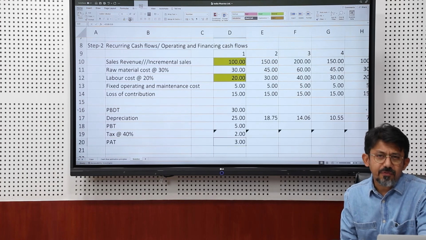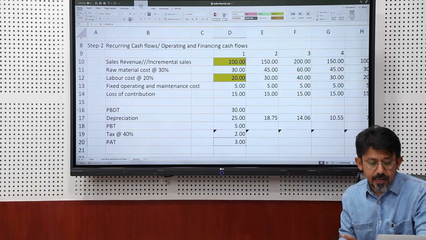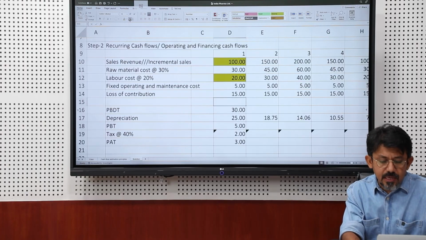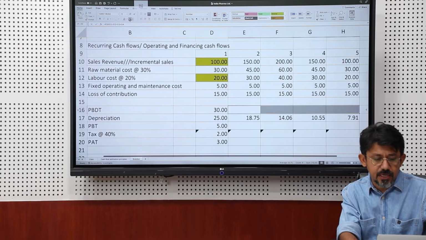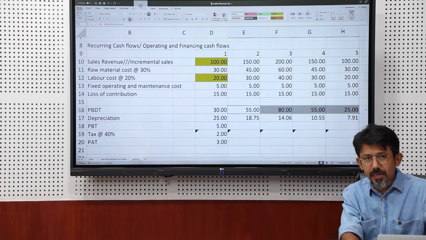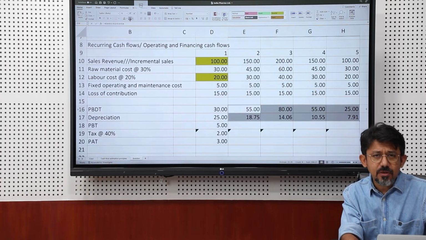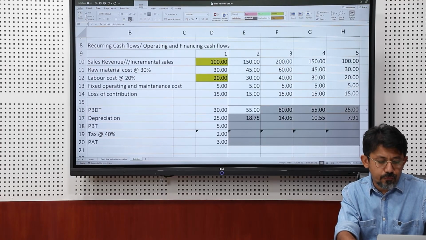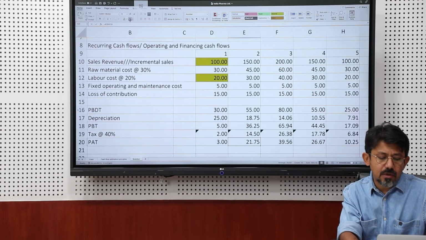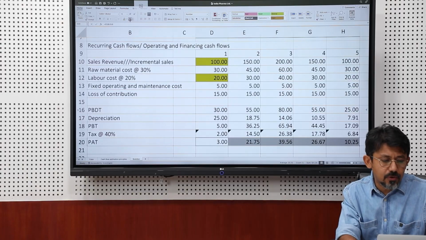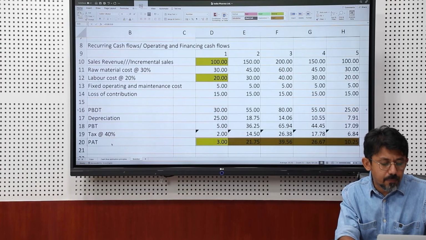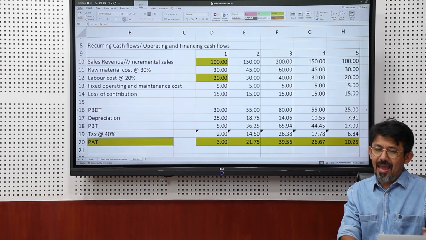So, profit after tax of 3 million is what we have calculated, and on similar basis I would urge you all to go through the Excel sheet and look at the PBDT, less depreciation and less tax for all the years. That is an easy calculation, and you should be able to come to the profit after tax, right.